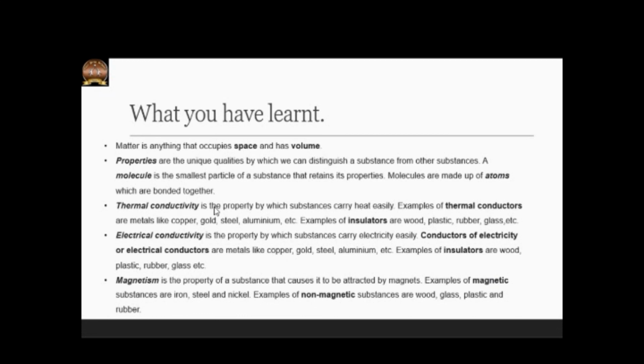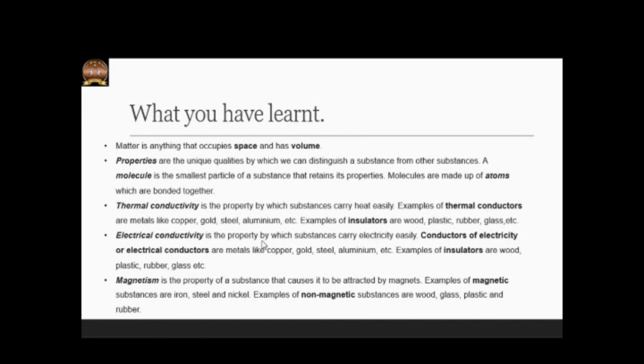Thermal conductivity is a property by which substances carry heat easily. Examples of thermal conductors are metals like copper, gold, steel, aluminium, etc. Examples of insulators are wood, plastic, rubber, glass, etc.